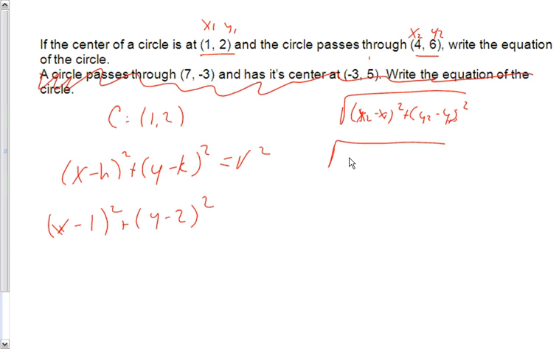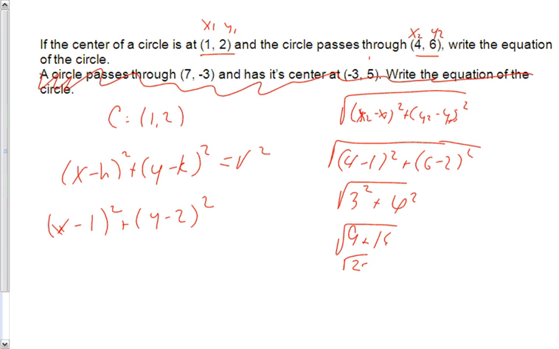Square root of (4 - 1)² + (6 - 2)². No problem. 4 minus 1 is 3 squared plus 4 squared. We get 9 plus 16, square root of 25, which is 5. That's the radius. But remember, it's r squared, so we have to square it, so it's 25.